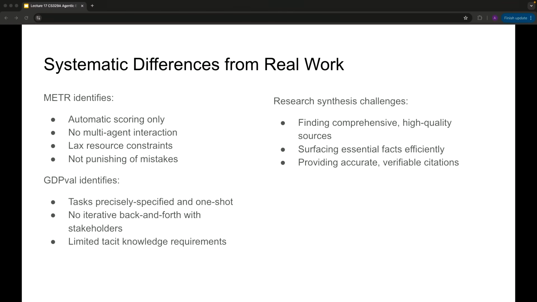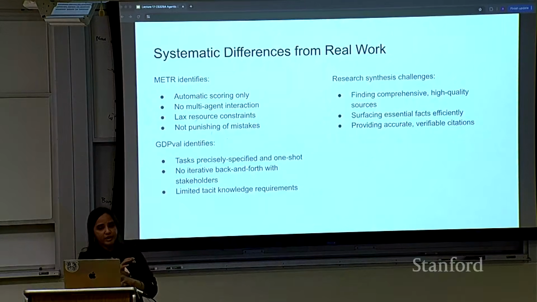It's not punishing of mistakes, and there are no resource constraints in terms of how much resources can be used. In real work, you might actually have more subjective constraints in how things are scored. You might be able to break down the task into multiple agents, which might lead to a better evaluation. And then there might be actual resource constraints or cost of mistakes.